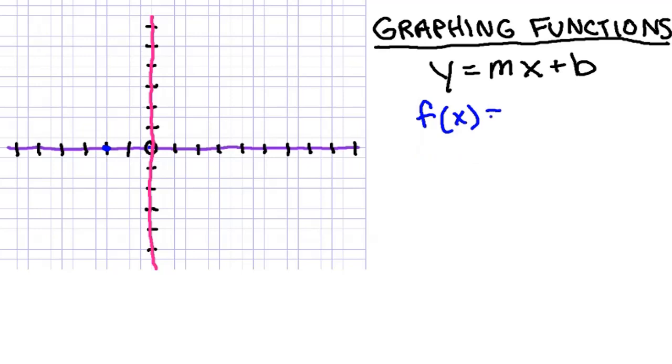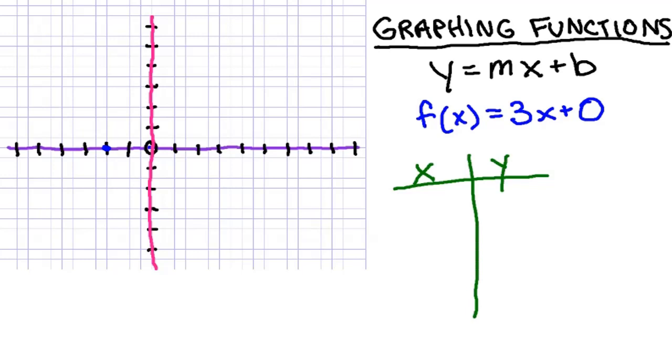F of x equals 3x plus 0. So what we're going to do is make a little table. X values over here, y values over here. If x is negative 2, well, negative 2 times 3 is negative 6, plus 0 is negative 6.